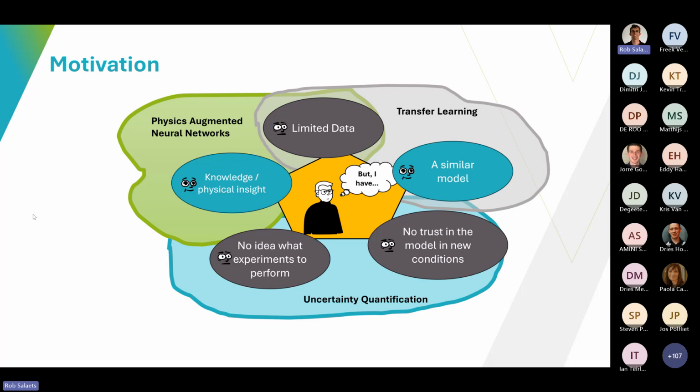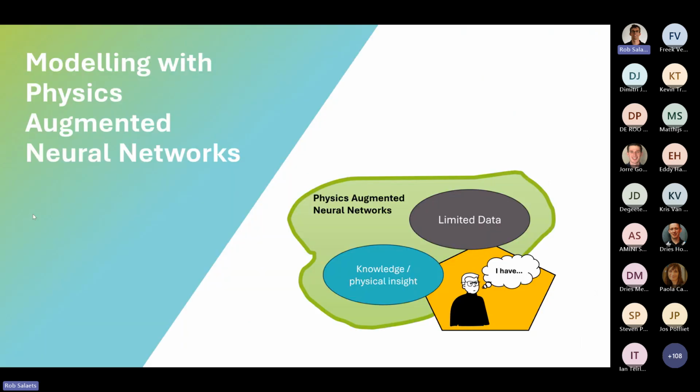So you start from a similar model or system, and you leverage the previous effort you put in that model for a new model. And then uncertainty quantification will help you deal with your trust problems in the model, and also can help you to guide your experiments. Today I will talk mostly about the green and the blue aspects here. So let's just dive into it.